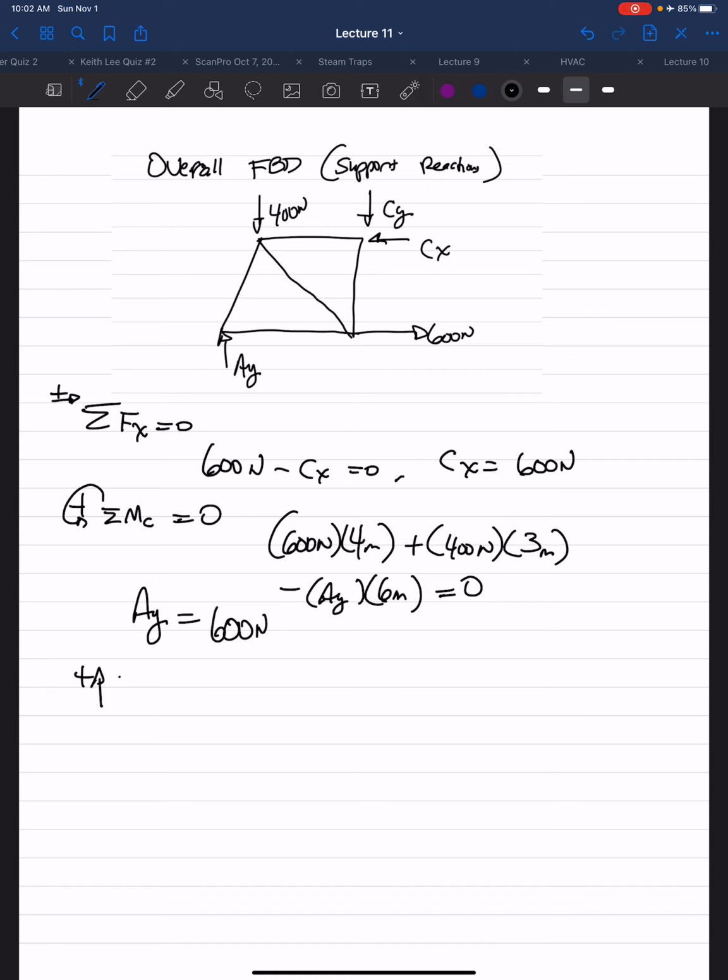So if we do our sum of the forces in the Y direction, we have our AY, 600 newtons, minus the 400 newtons, minus CY equals 0. Therefore, CY is 200 newtons. So now we have calculated some of the unknowns. We can begin to figure out the forces in the members by doing our joint work.